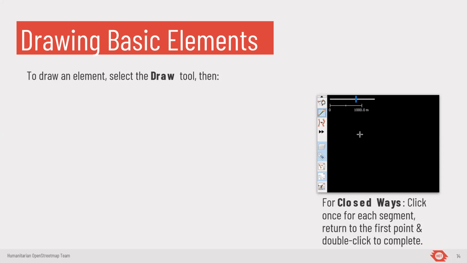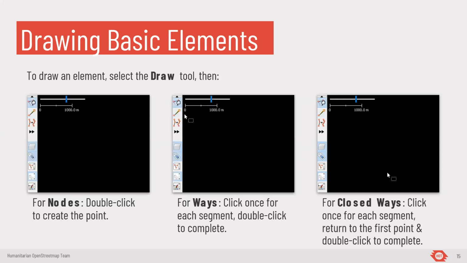But for an area, you have to start opening it, and then it will close from the starting, to complete the way. So this is how you can do some basic drawing in JOSM. And I'm really going to demonstrate that later so that we can be on the same page.